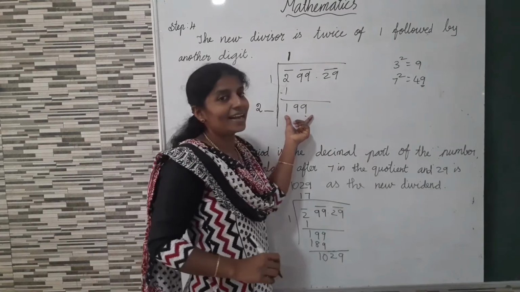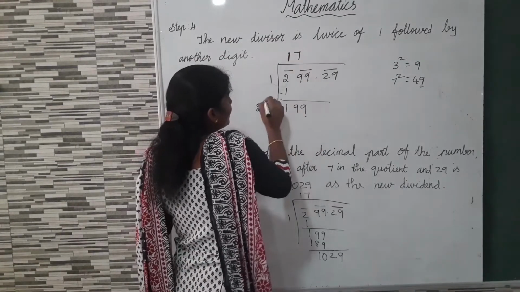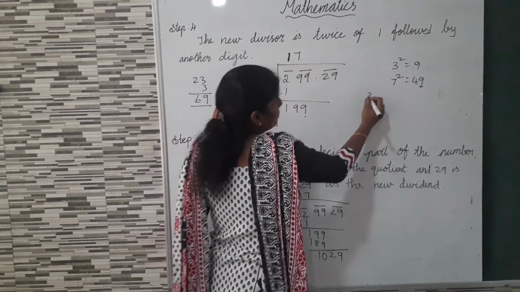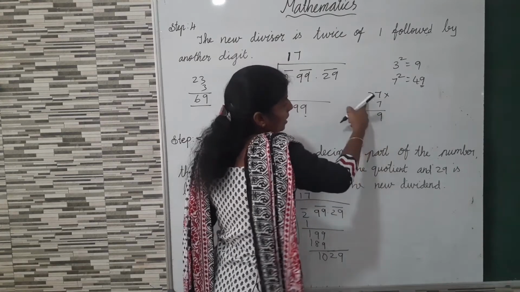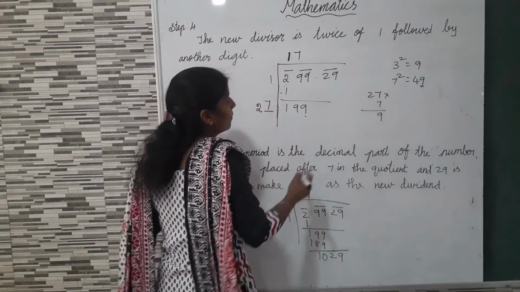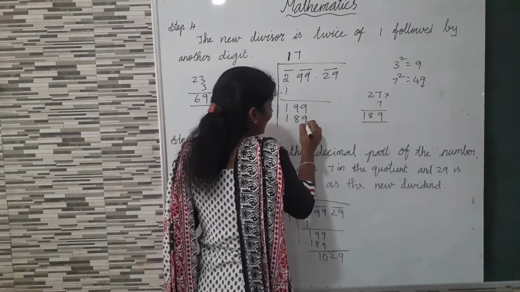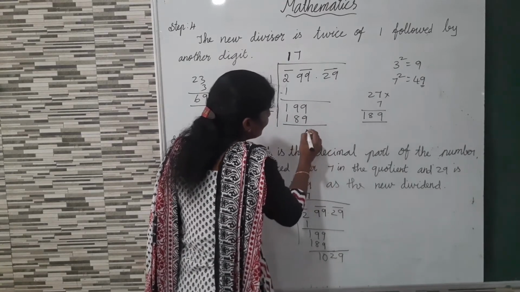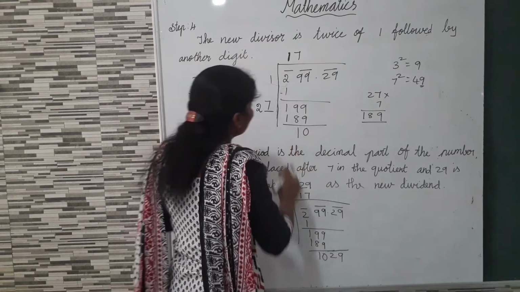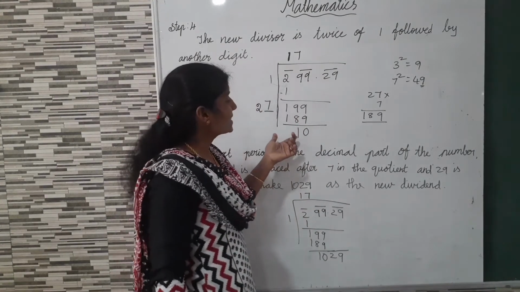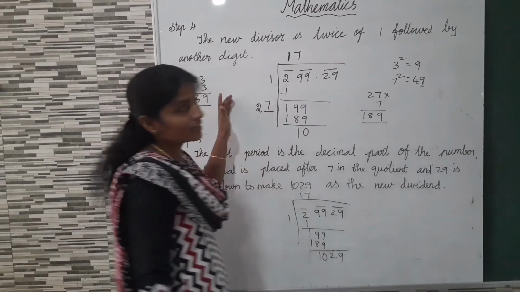But we need 199, so we apply 7. 27 into 7: 7 7s are 49, 4 balance, 2 7s are 14, 14 plus 4 is 18, so 189. Then 9 minus 9 is 0, 9 minus 8 is 1. Now we get a new remainder, that is 10. This is the fourth step.